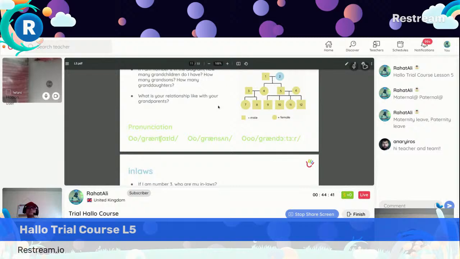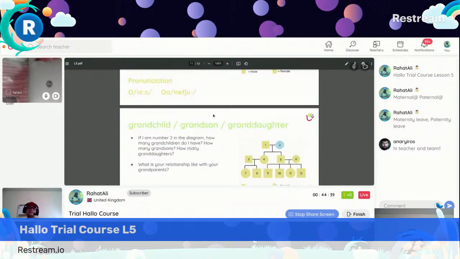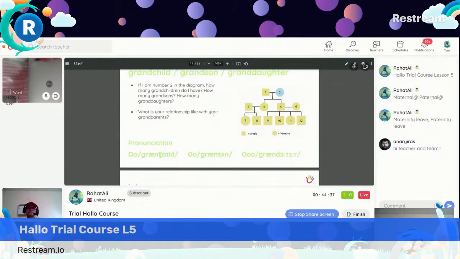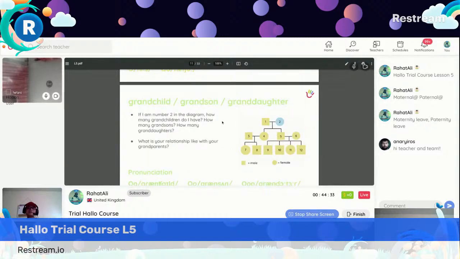That's great. So the pronunciation is grandchild, grandson, granddaughter. Do you remember, Wani, the double consonant rule? You see, in granddaughter, grand is finishing with letter D, and the next word, daughter, starts with letter D. So one D should be removed.